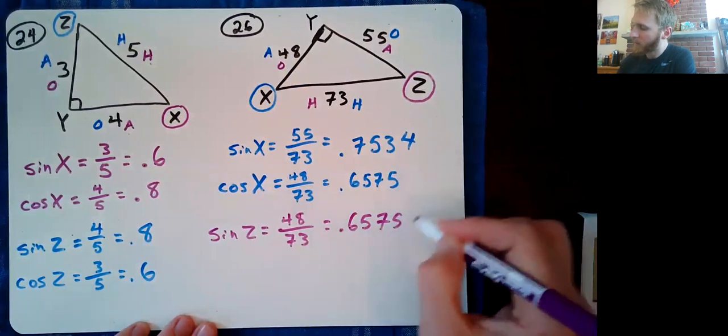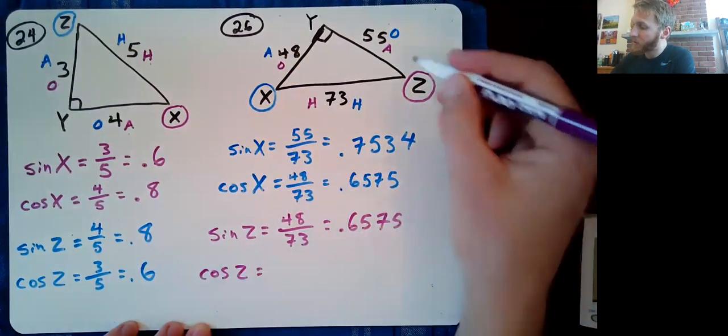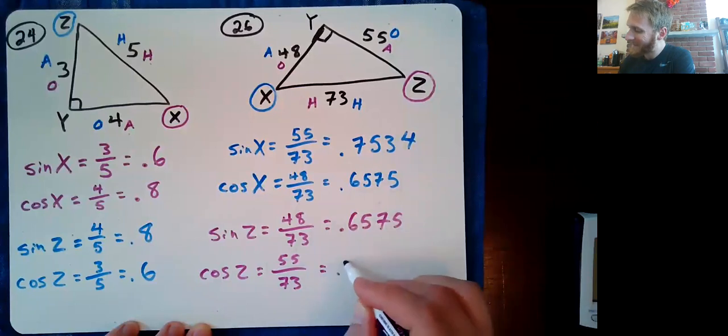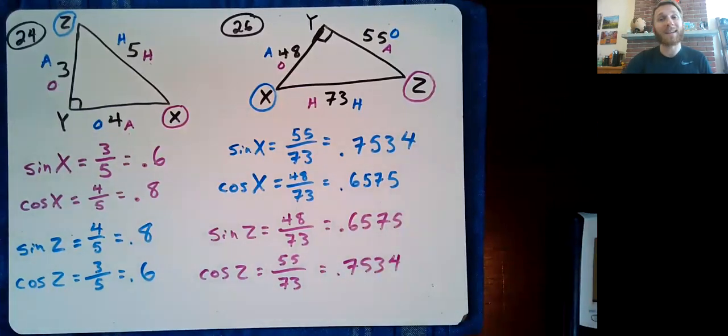What do you know? They're the same. Cosine of z is my adjacent, which is 55, over hypotenuse, which is 73, gets me 0.7534. That's just setting up the ratios. Next step will be solving.